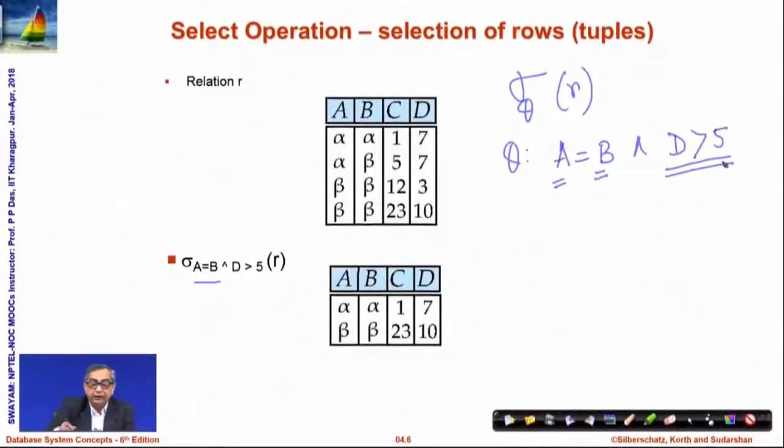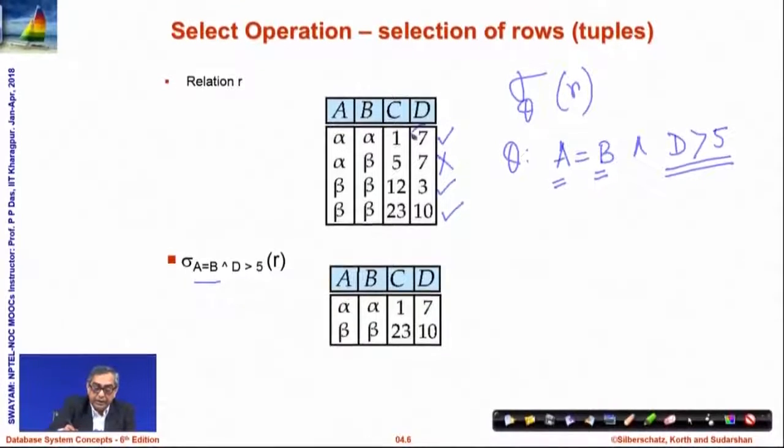If we look through this, by the first condition A equal to B, we can say that this row does not satisfy it, because A is alpha and B is beta, whereas these three rows satisfy it because A is equal to B.